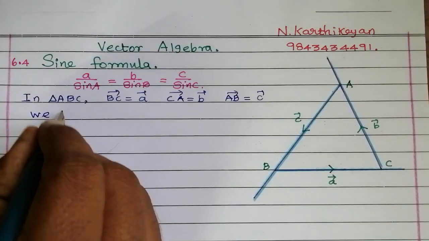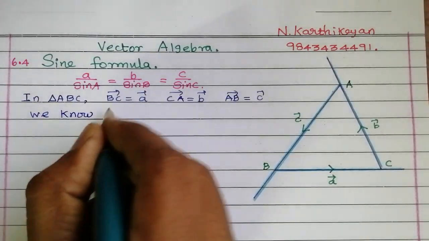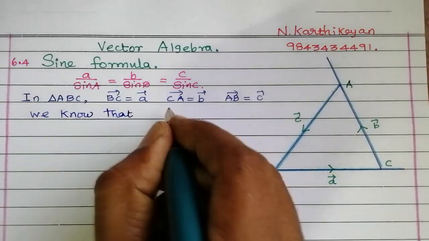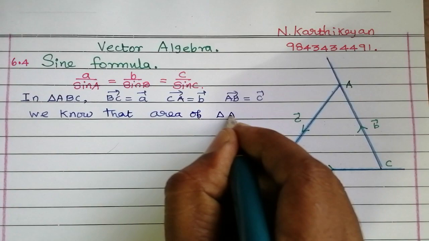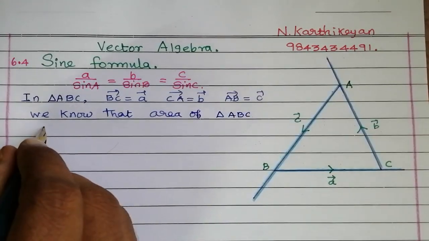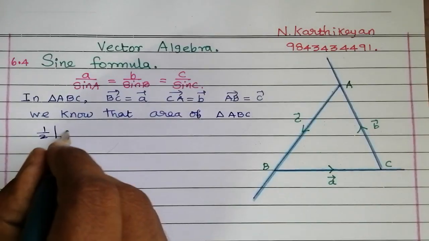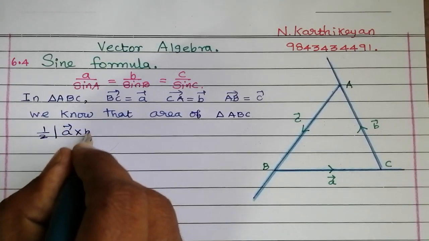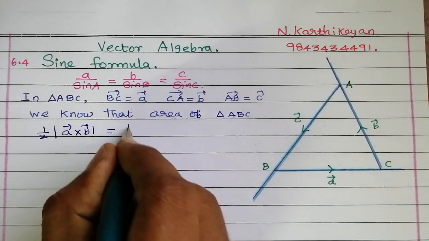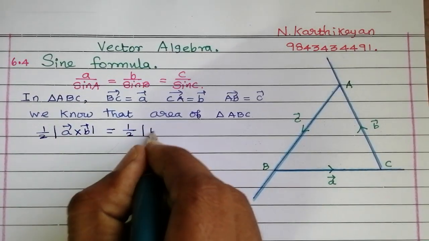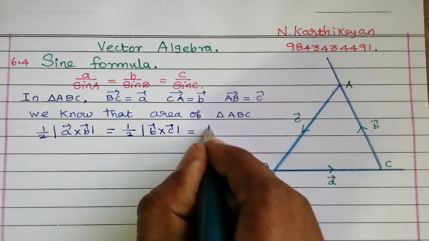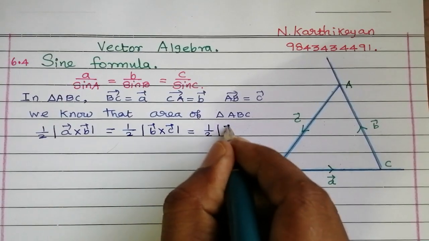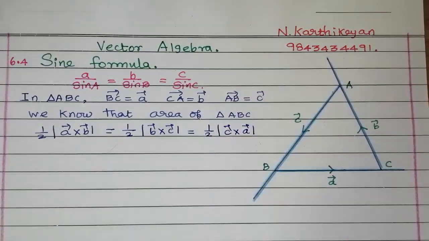We know that the area of triangle ABC is half into modulus of a vector cross b vector, or half into modulus of b vector cross c vector, or half into modulus of c vector cross a vector.